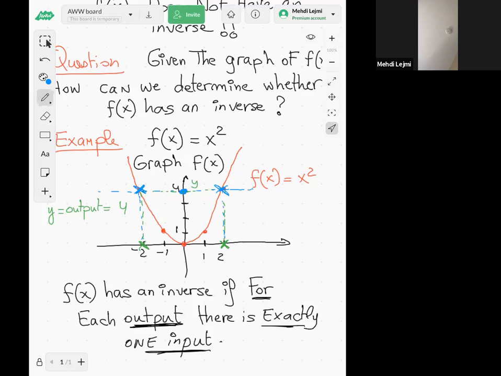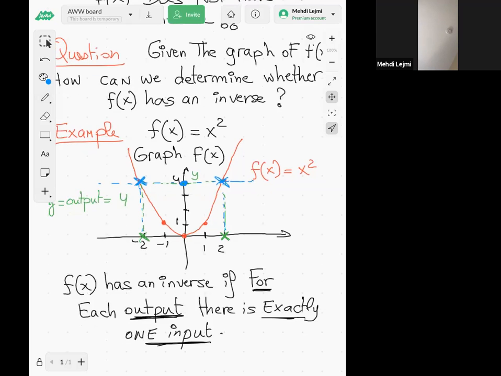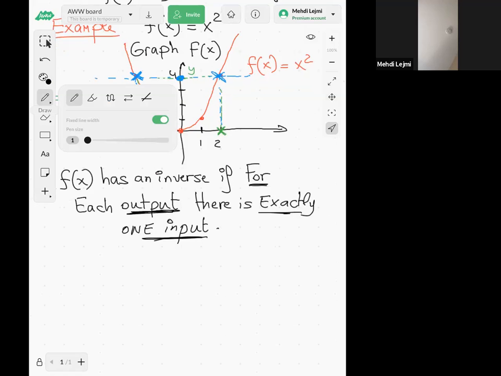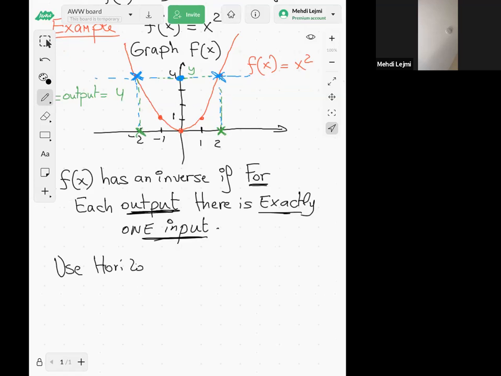So let me write down the horizontal line test. We can use the horizontal line test to determine whether f of x has an inverse.